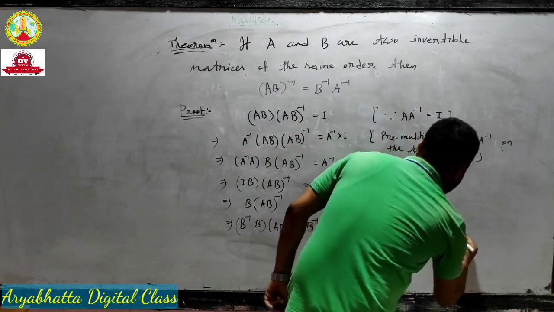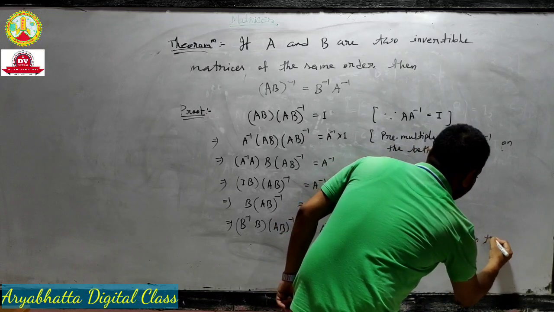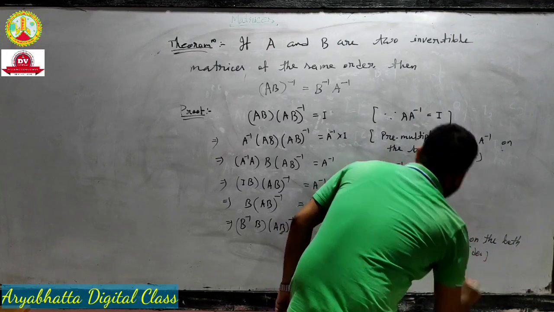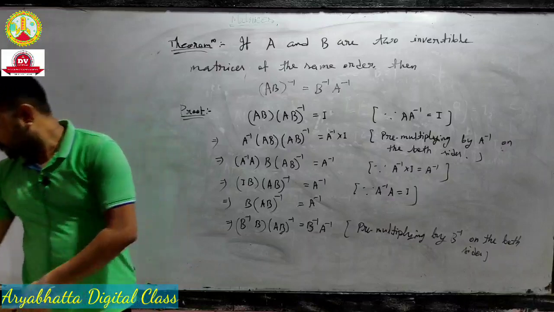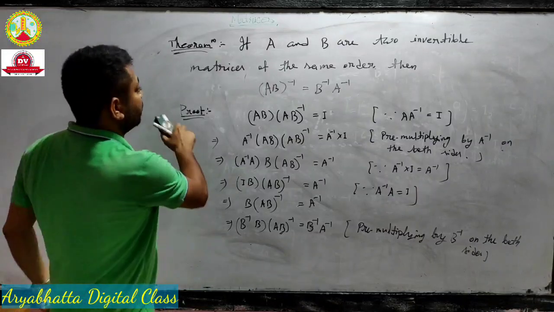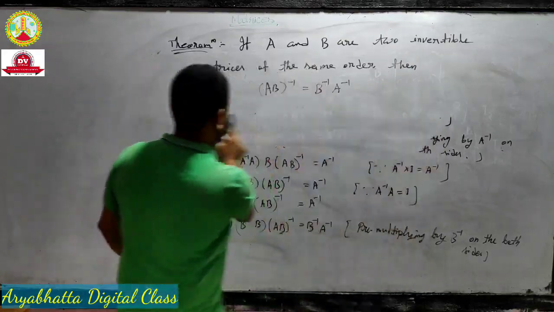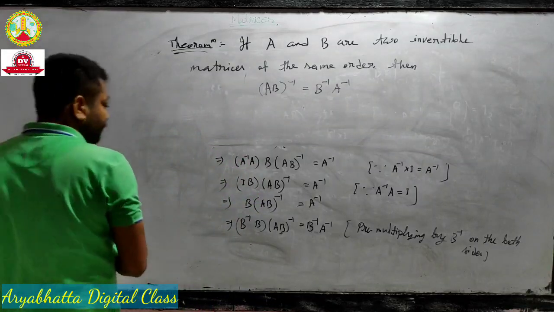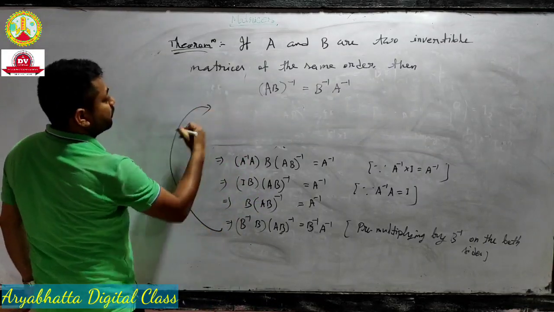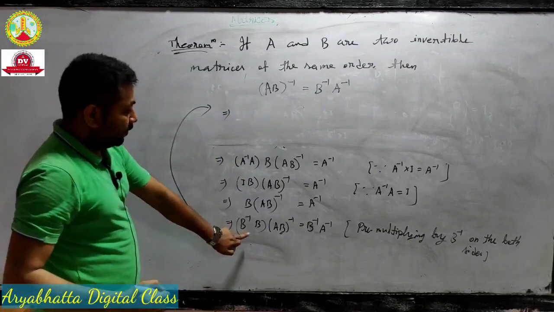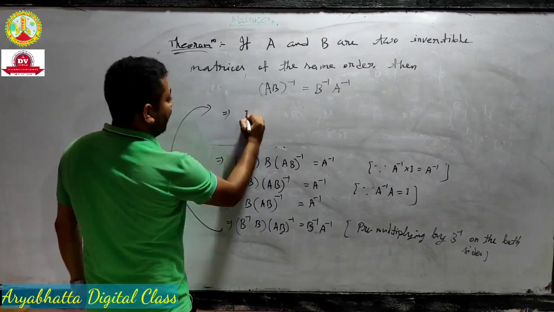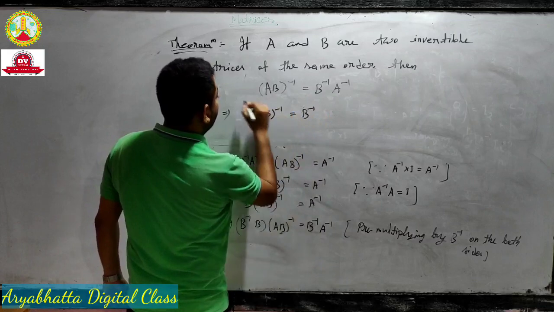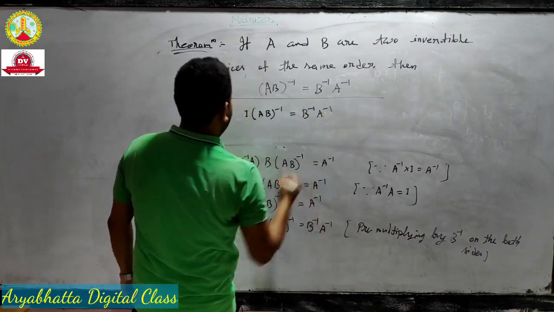Multiplying by B to the power minus 1, this implies B to the power minus 1 into B equal to I into (AB) whole to the power minus 1 equal to B to the power minus 1 into A to the power minus 1.